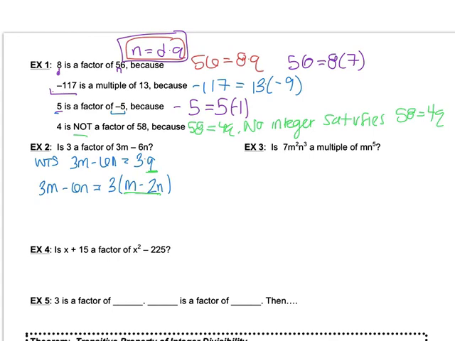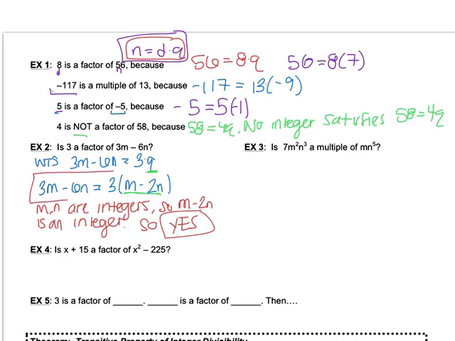So if m and n are integers, and remember, integers are closed under addition, subtraction, and multiplication, so m minus 2n is also an integer. Therefore, yes, 3 is a factor of 3m minus 6n. The important part was showing this relationship exists, and then we just had to clarify that that right there is an integer.